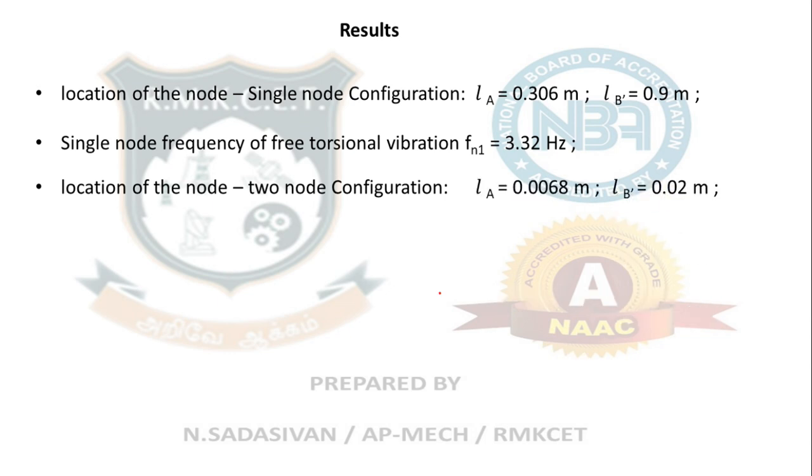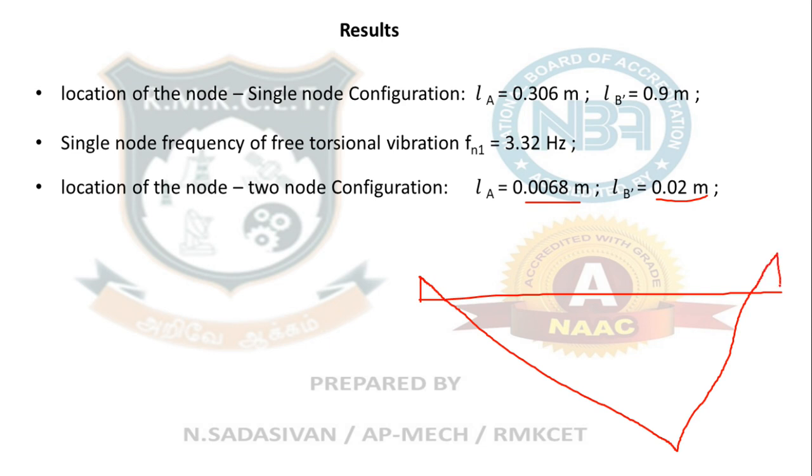So how will it look? This is a very small value, and you have a 1 meter shaft, so how is it possible? It means your node is very close to one end here, and the other node is here. This is how your two node configuration will look. Therefore, this is 0.0068, this is 0.02, whereas the actual shaft length is around 1.2 meter.